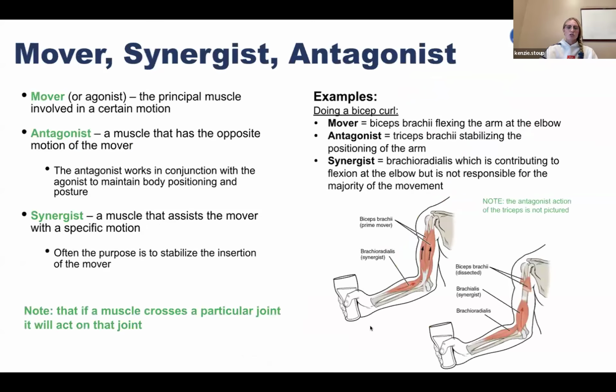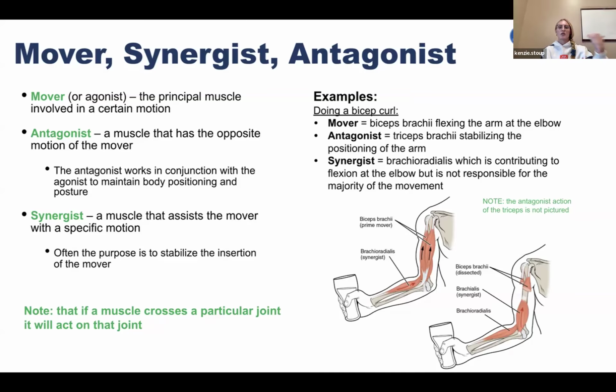So just a little overview of what a mover, an antagonist, and a synergist are. If we look at this example down here in the right-hand corner, you have a person picking up a glass of water, and the major mover in that would be the biceps as you flex your elbow. The antagonist of a certain motion is the muscle that does the opposite.